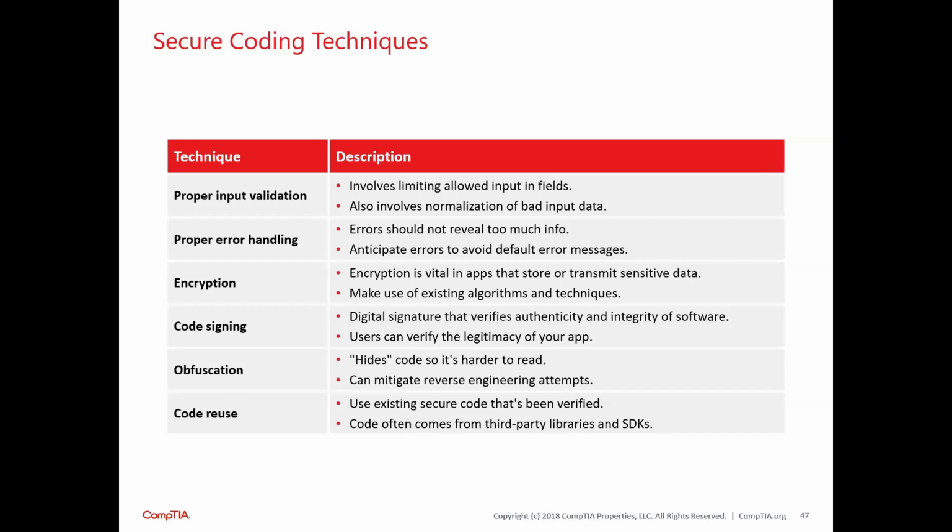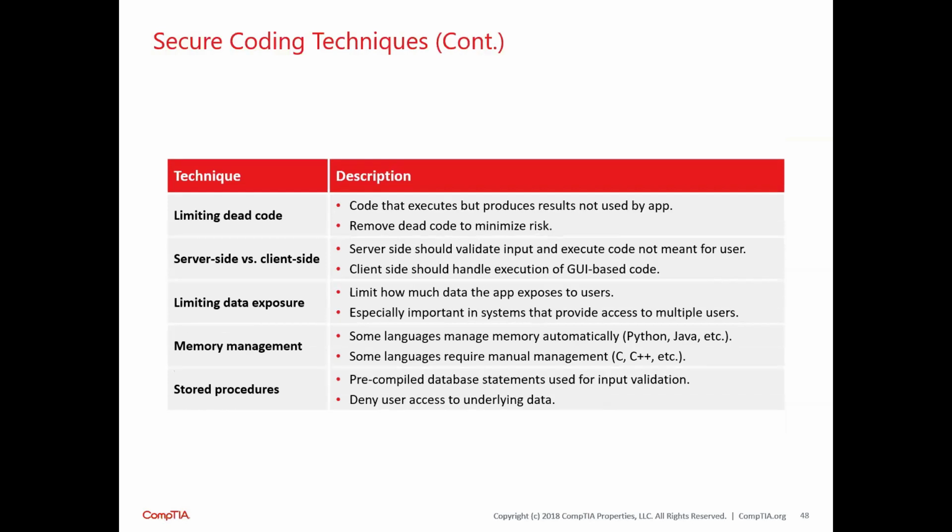And we also have code reuse: use existing secure code that has been verified, which normally comes with third-party libraries. Other than that, we have limiting code, which allows you to execute only the needed code and remove the rest to minimize the risk.